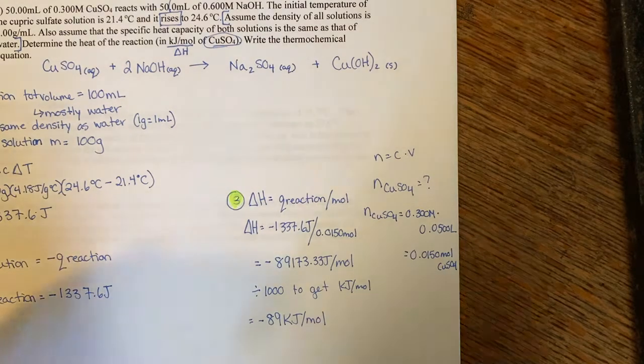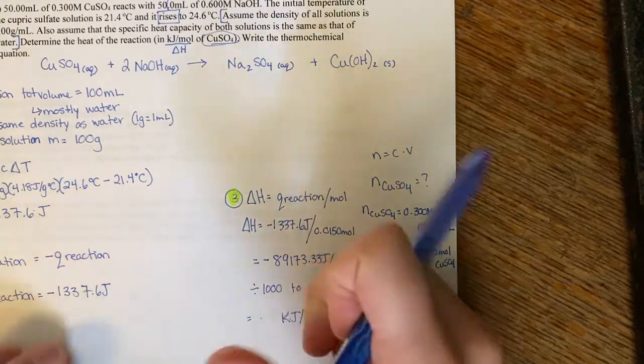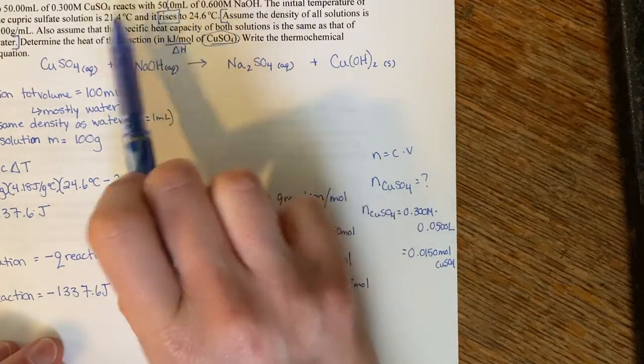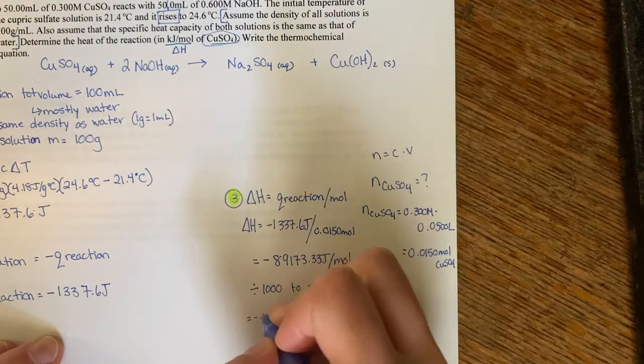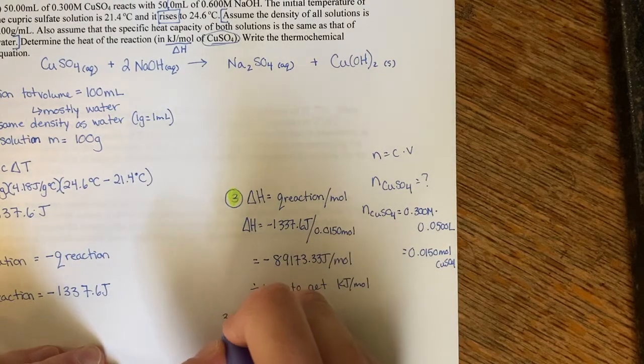Actually, it should be 89.2. We have 3 significant figures in this question. So 3 sig figs there, 3 there, 3 there. There's 3 all over the place. So -89.2 kilojoules per mole to get 3 significant figures.